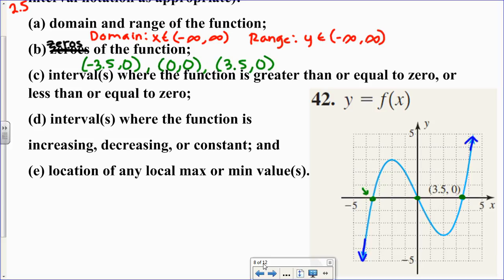Then I have intervals where the function is greater than or equal to 0, and then less than or equal to 0.